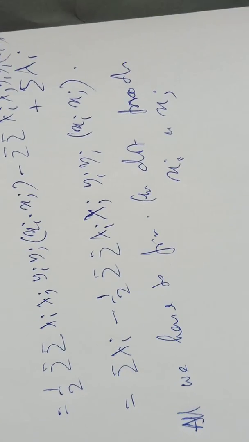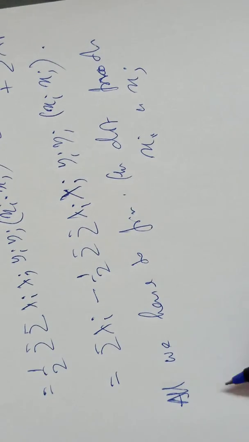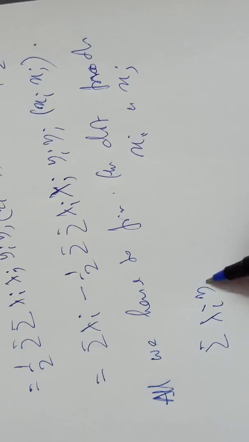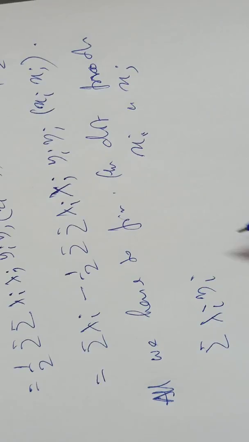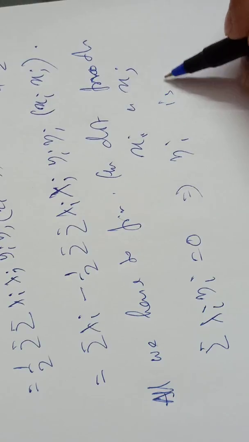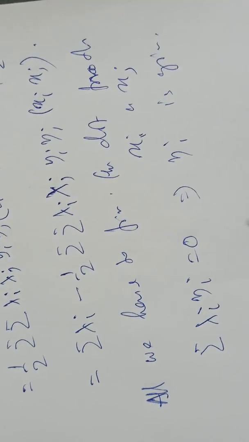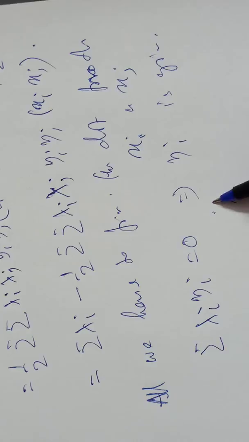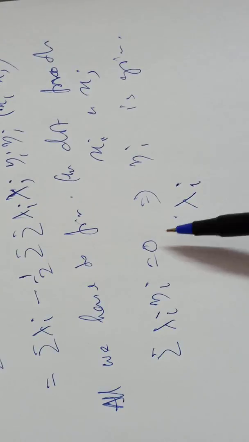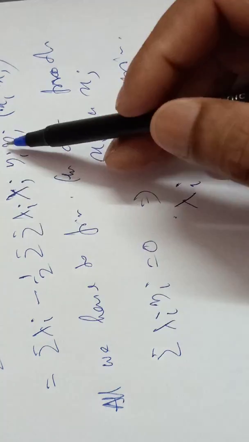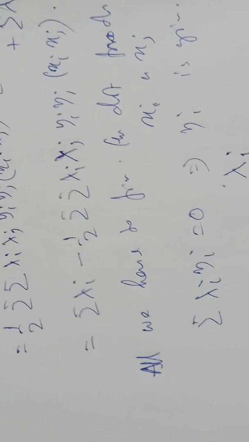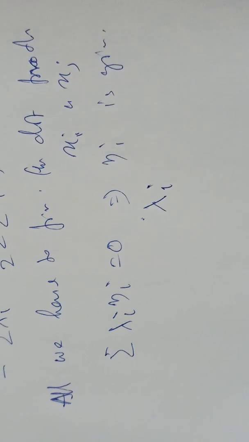From the equation sum of lambda I yi equals 0, if y is given, then immediately we can find the lambda I. So the Lagrange multiplier can also be found from these equations, which can be placed here to find the minimum value of L.